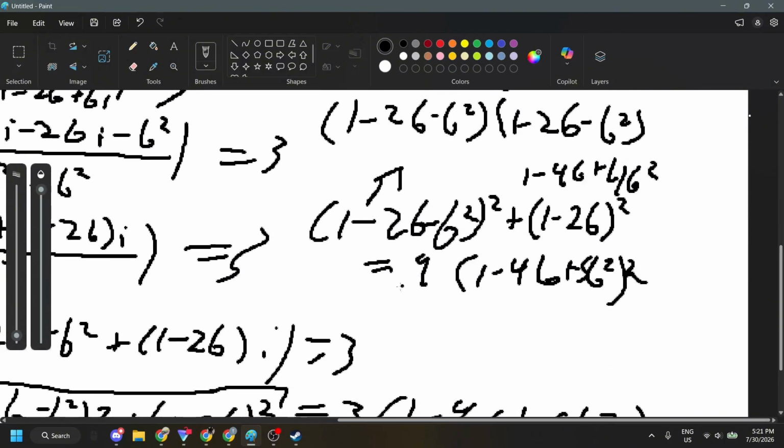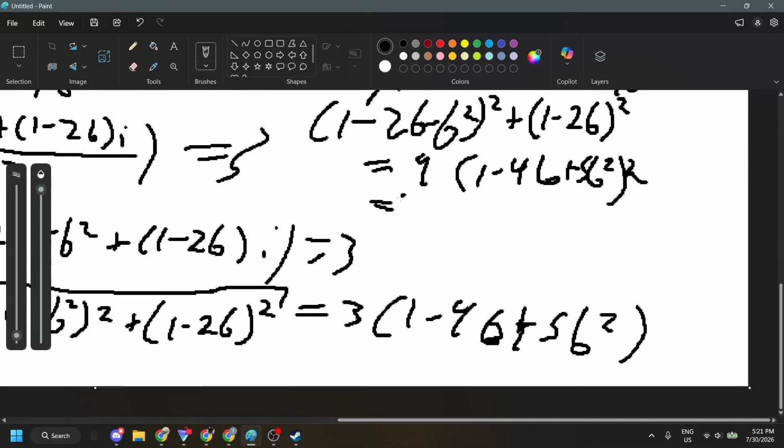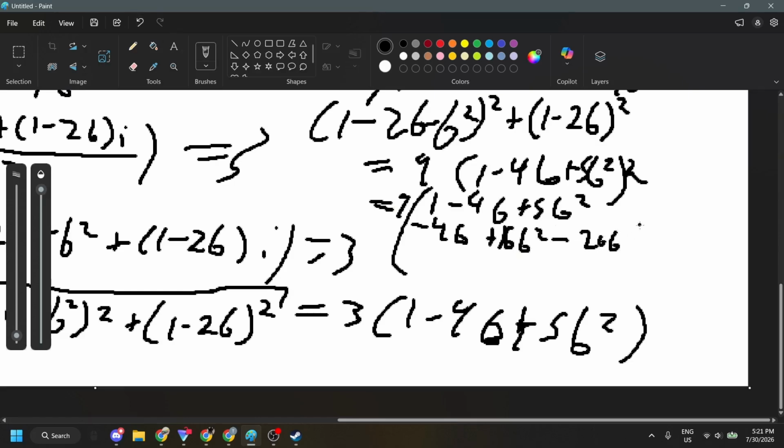Now the right side, we get 9 times 1 minus 4b plus 5b squared, and then we do minus 4b, minus 20b cubed, plus 16b squared, minus 20b cubed, plus 5b squared, minus 20b cubed, and then plus 25b to the 4.